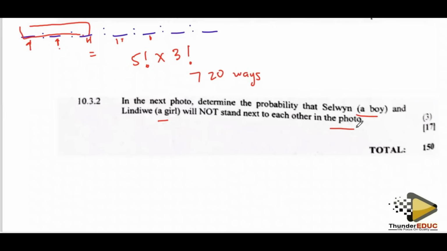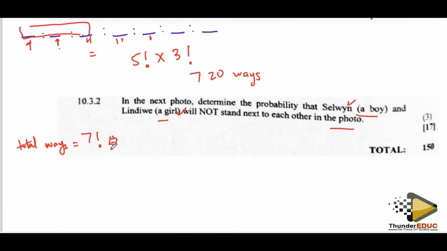So before we determine this, we need to first of all find out how many possible ways there are, regardless of the conditions of who wants to stand next to each other and who doesn't. So if we have 7 factorial, this will be the total number of ways. The total ways is going to be 7 factorial.